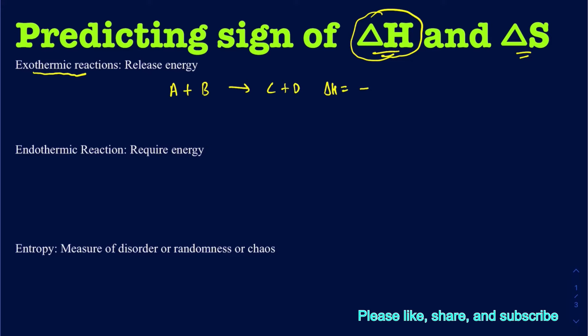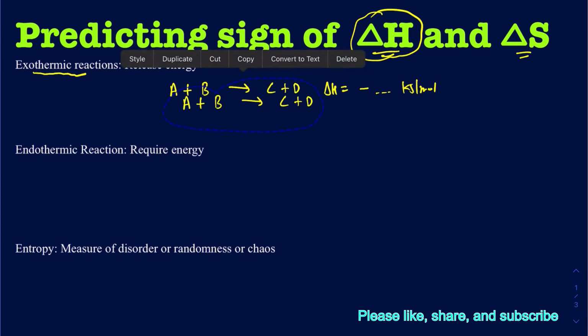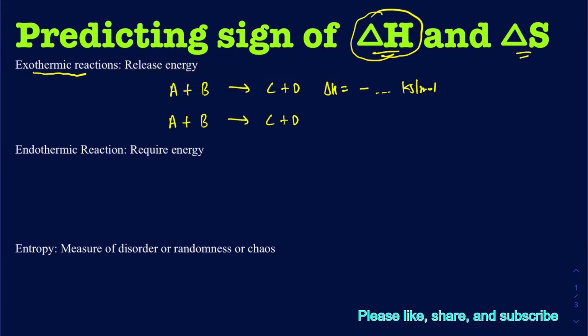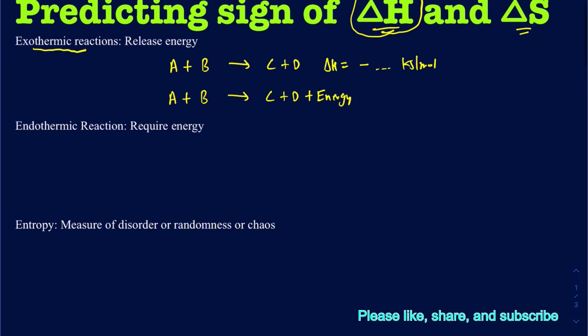All right, so negative, some sort of kilojoules per mole there. That's one way of writing it. The second way of writing this particular reaction, and that's sometimes also seen, is you can have the energy added on the product side. So energy added on the product side and writing that in the form of delta H to be negative is actually the same thing. So that's what makes an exothermic reaction.